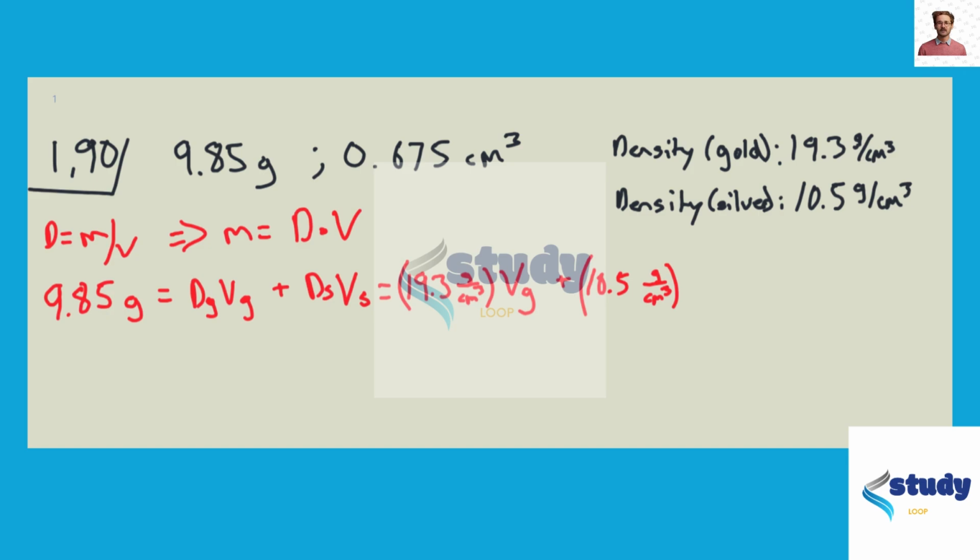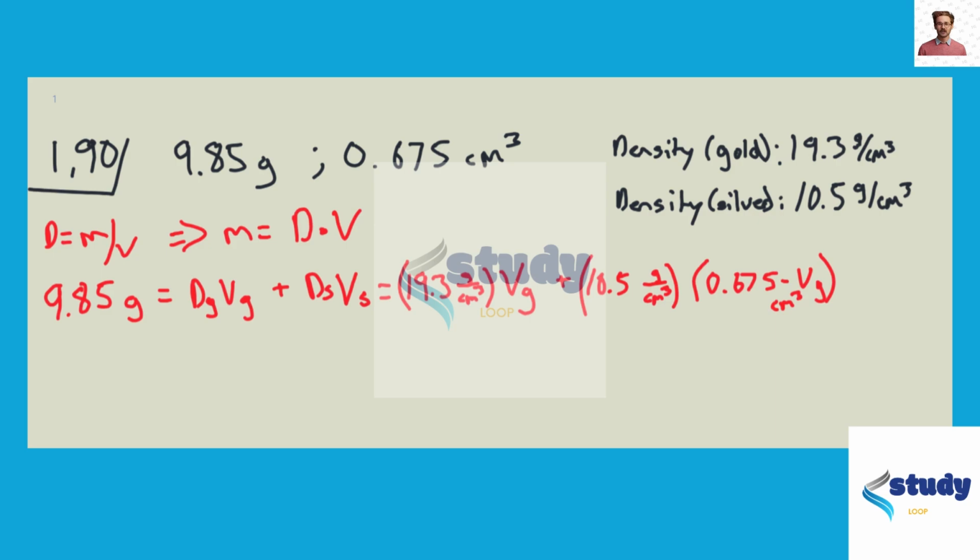And then we multiply by the volume of the silver, which we can describe as being the total volume minus the volume of gold. So now we have an expression here with only one variable, which is the volume of gold.